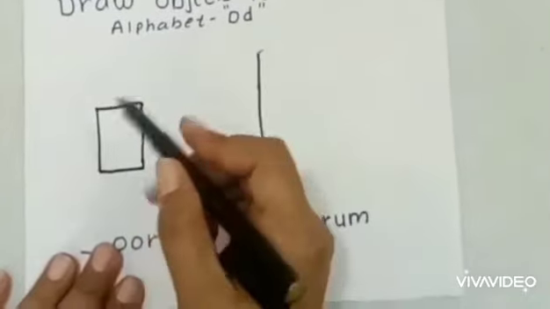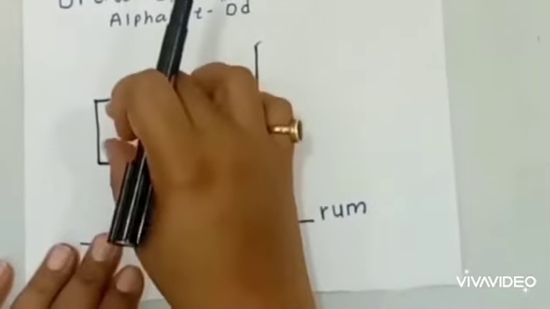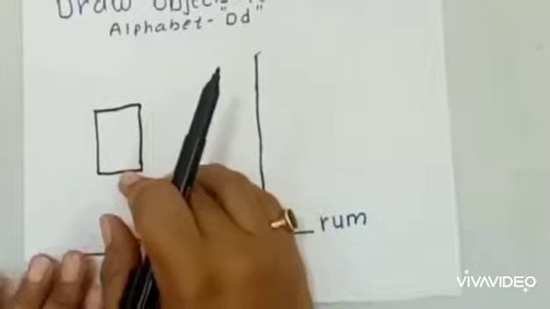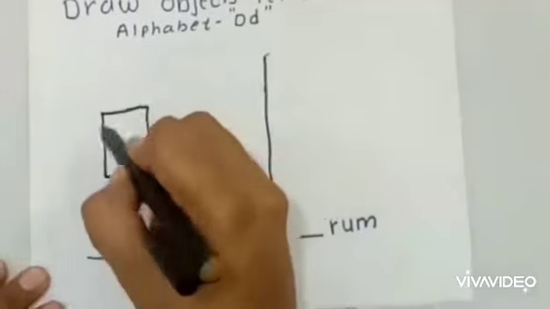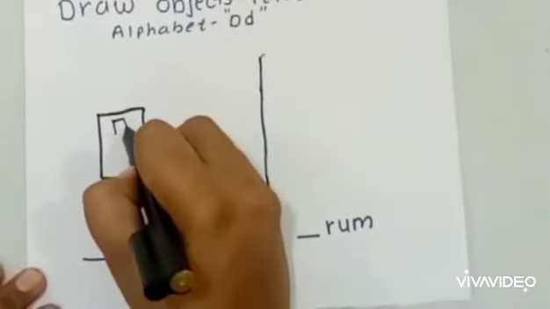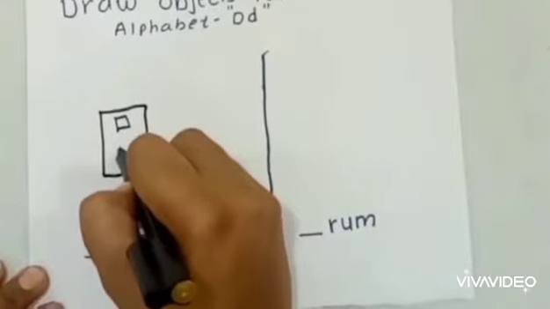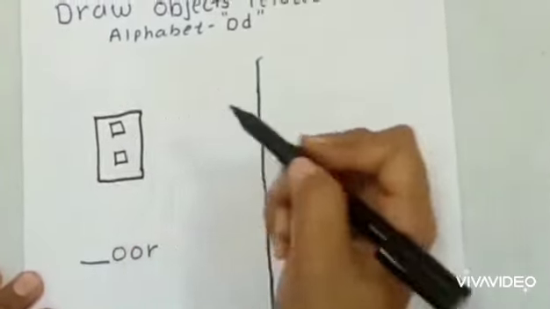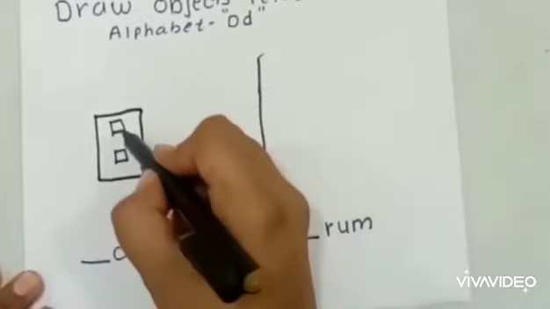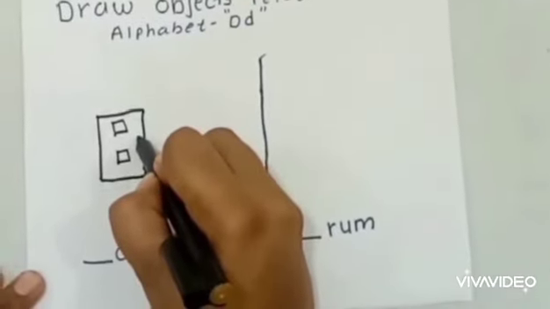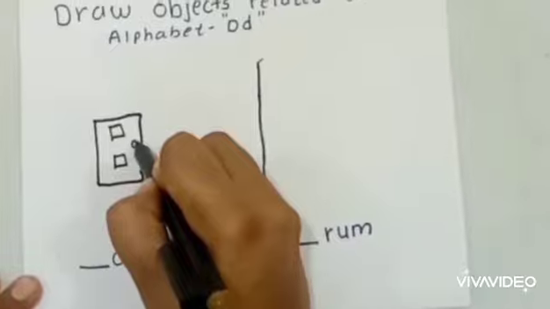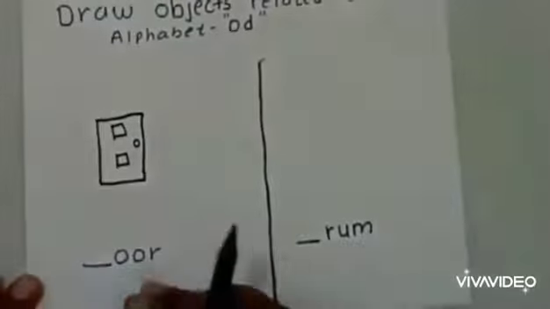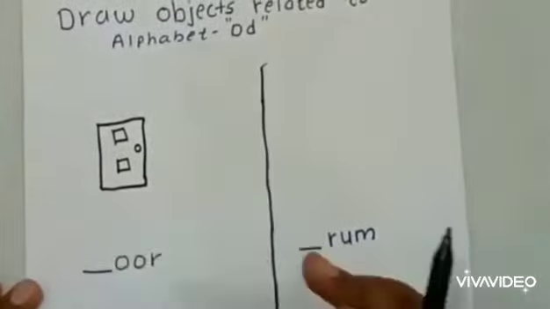Now we will draw two small boxes inside the door. One box and another box. Now we will draw one small handle of the door. So our door is ready.